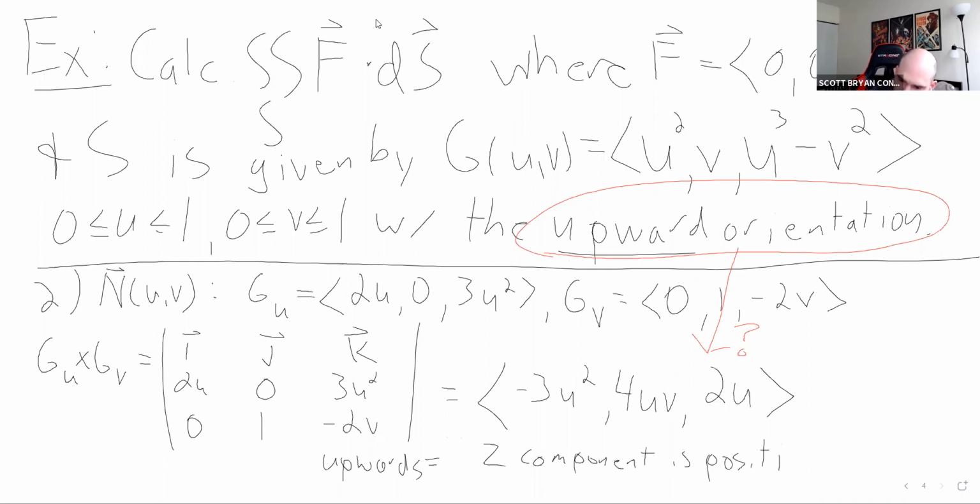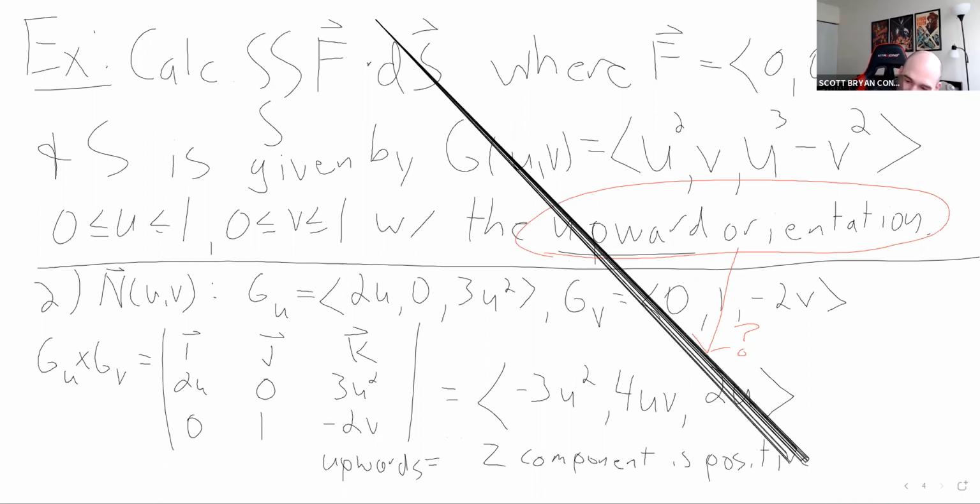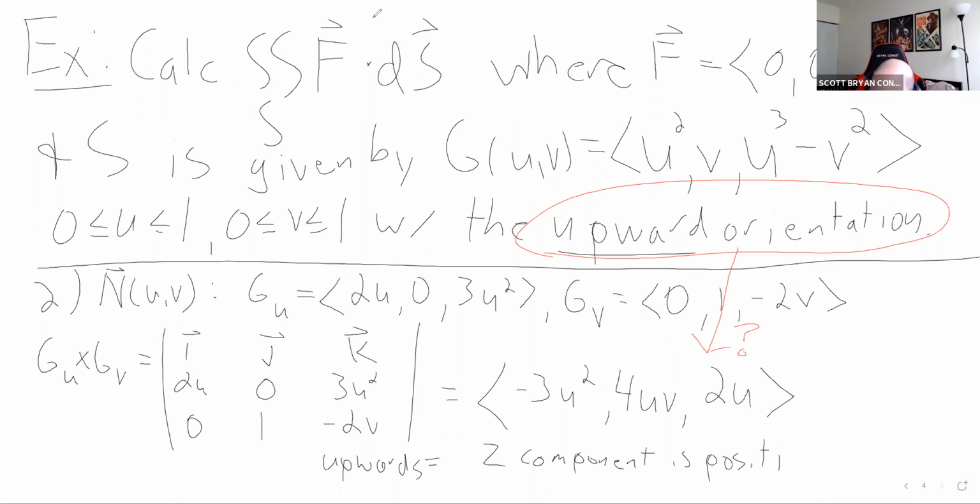Well, lovely. Our z component here is 2u, and we know u lies between 0 and 1. And so it is indeed positive.